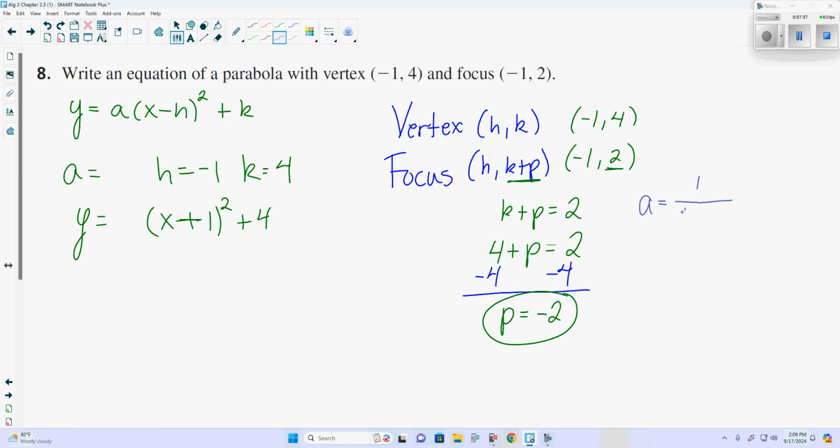Last thing we need to do is find a. a is equal to 1 over 4p. 1 over 4 times negative 2, which is negative 1/8.